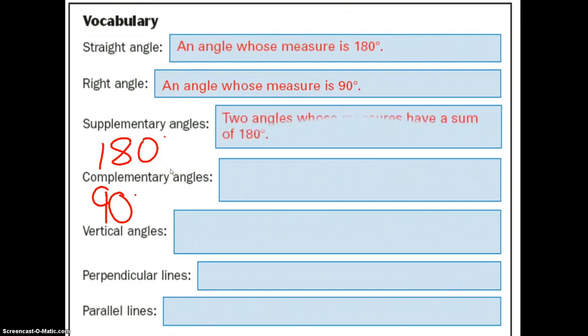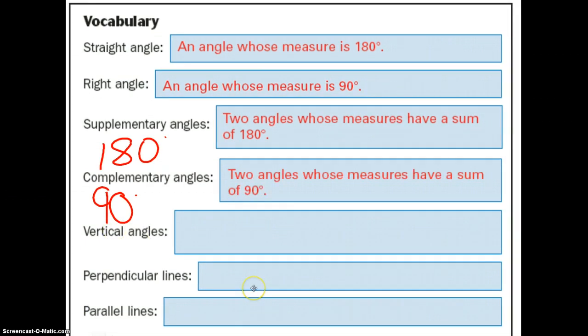Supplementary angles are two angles whose measures have a sum of 180 degrees. Complementary angles have a sum of 90 degrees.